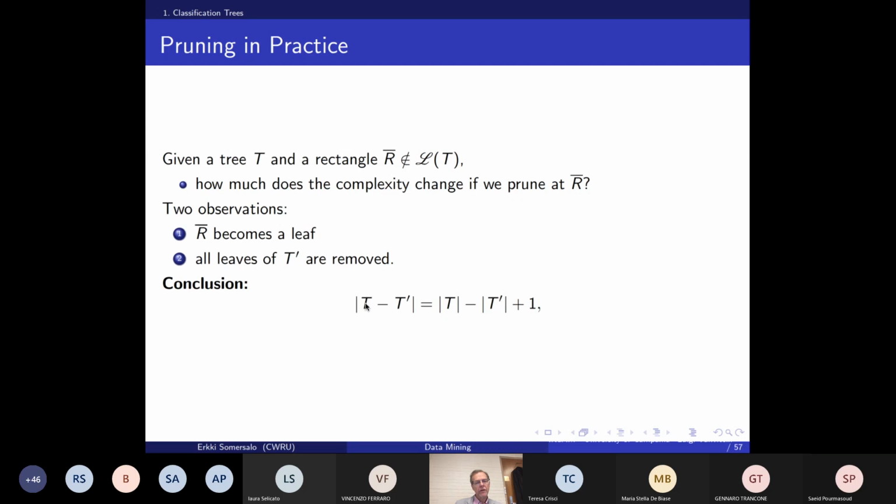So the complexity of T minus T prime, which is the pruned tree, is the complexity of T minus the complexity of T prime plus 1. This formula is important, and it is one of the formulas that we need to bear in mind when we do the pruning.